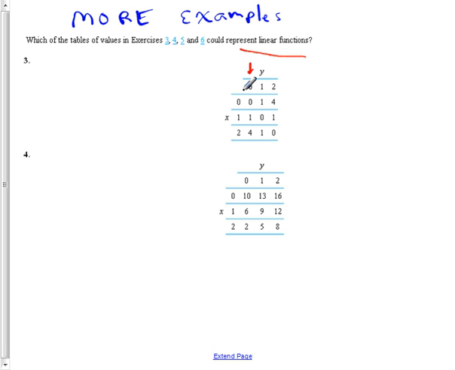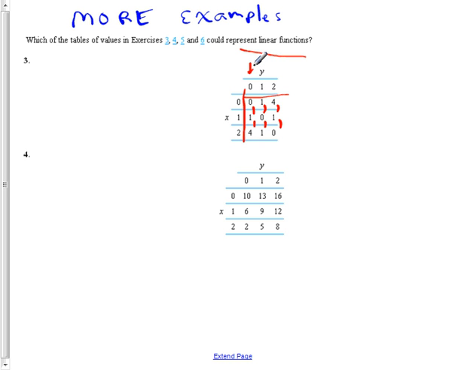Let's make it clear where our x and y values are. So we go up by 1, up by 3, down by 1, up by 1, down by 3. Clearly, as we go down the column, the values are not changing by the same amount.